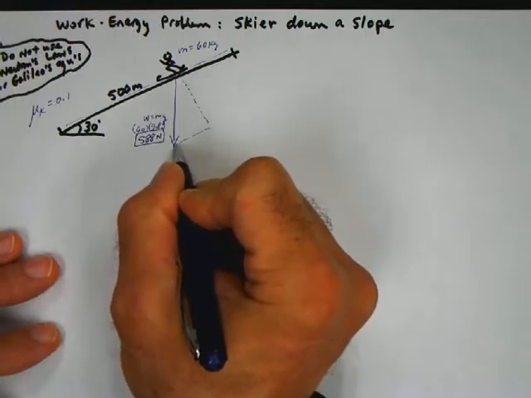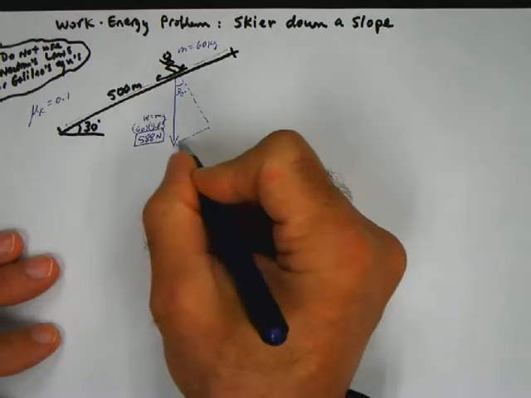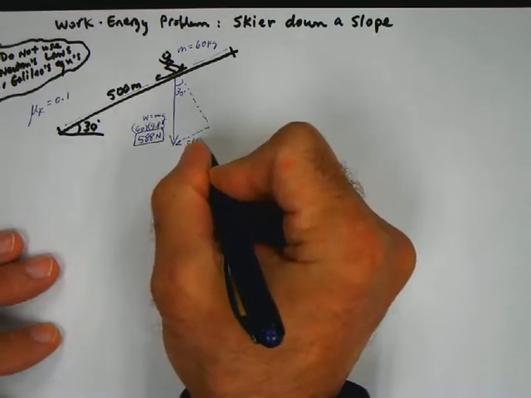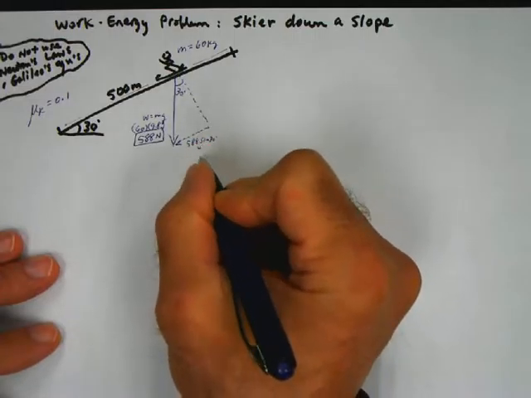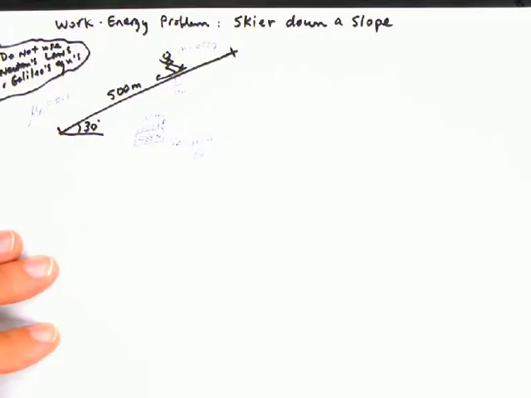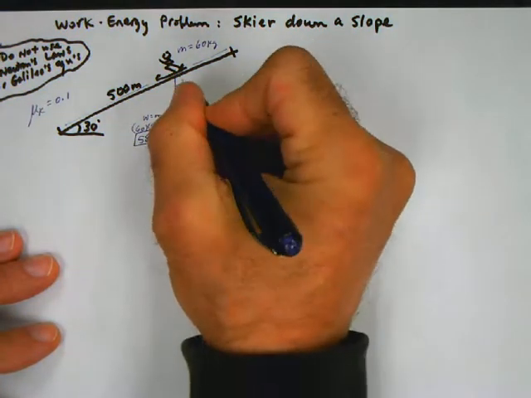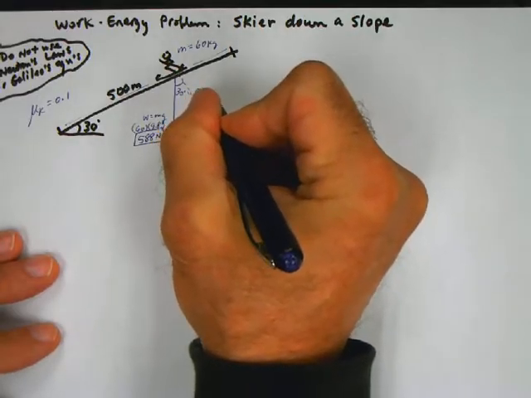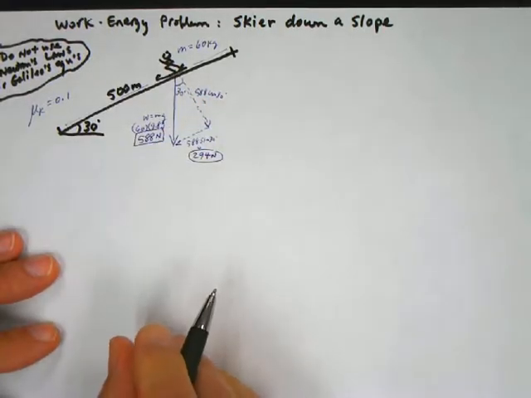So this angle is 30 degrees here. This downslope component would be 588 sine 30, which is half of 588, or 294 newtons. The component perpendicular to the slope would be 588 cosine 30, and that is equal to 509 newtons.